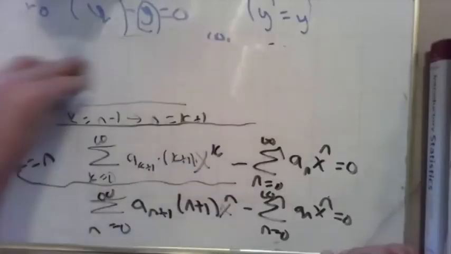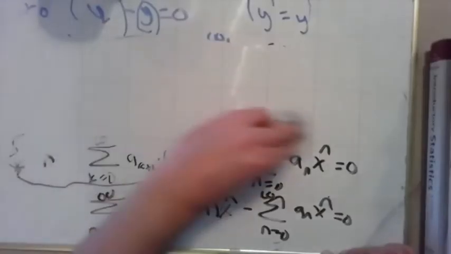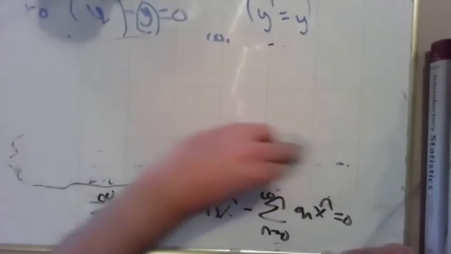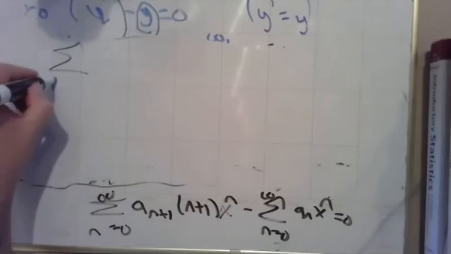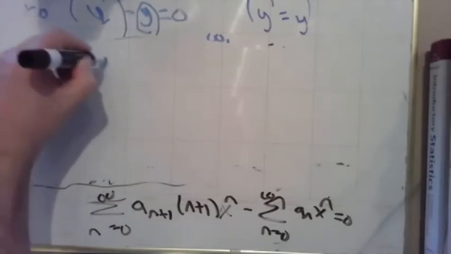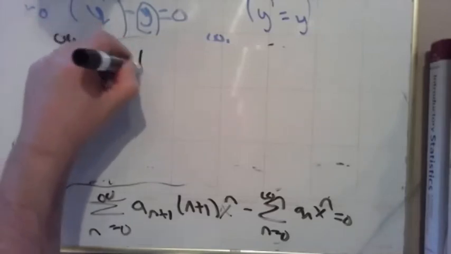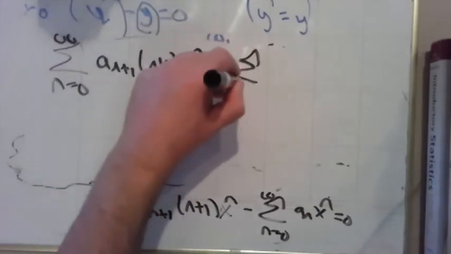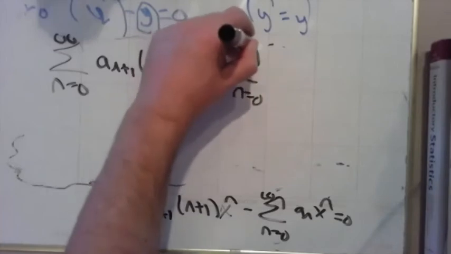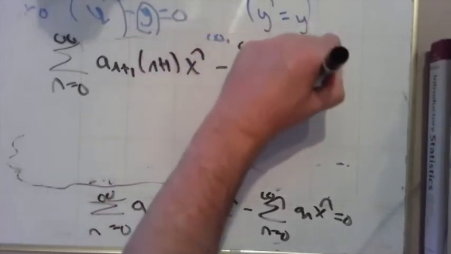I'm going to come back, rewrite that line. So I have the sum n equals 0 to infinity, a_(n+1) times (n+1) x to the n, minus the sum n equals 0 to infinity, a_n x to the n, equals 0.